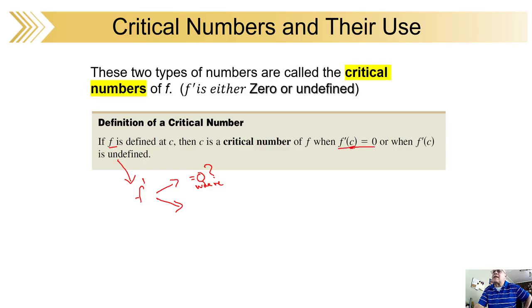Find out what this c value is. If it's 0, or if you get something that's undefined, those are the two possibilities. A critical number is where the derivative is 0 or the derivative is undefined. Those will give you your critical numbers. That's what you're interested in. Those are important pieces of your puzzle.